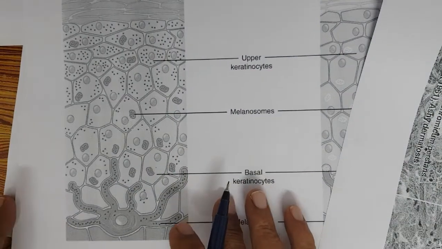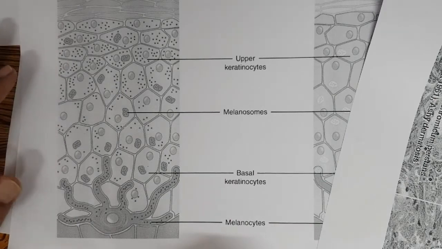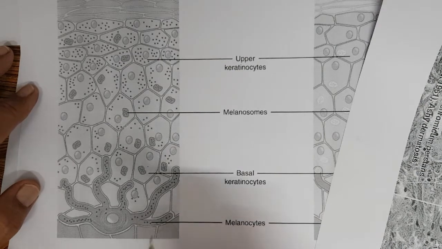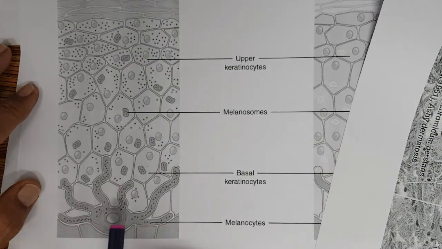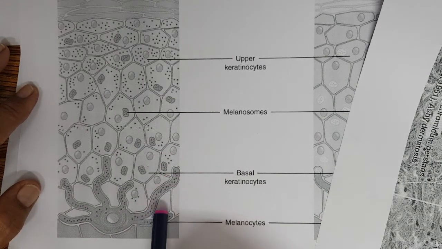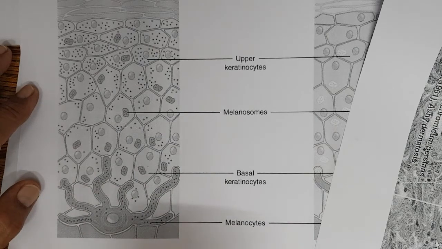Sometimes the major trigger for the synthesis of melanin and the melanosome transfer to keratinocytes is sunlight.